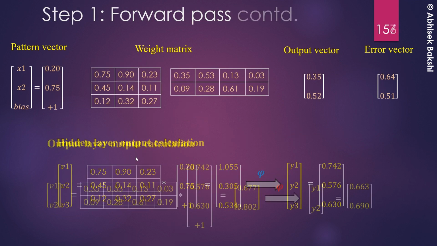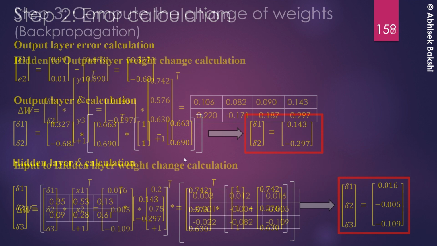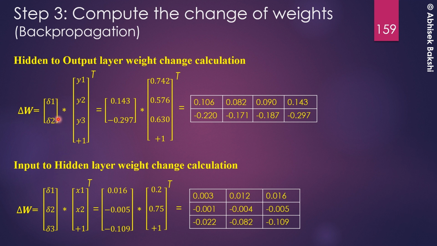So it is nothing but delta multiplied by Y. Since it is transposed, the 2 cross 1 and 1 cross 4 give 2 cross 4, which is required because your W for hidden to output layer weights has dimension 2 cross 4.